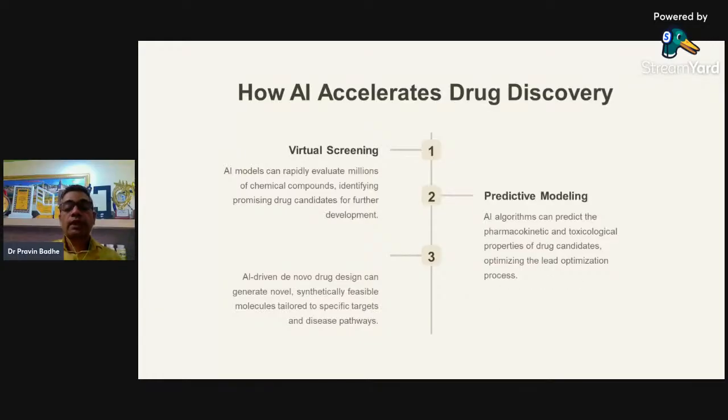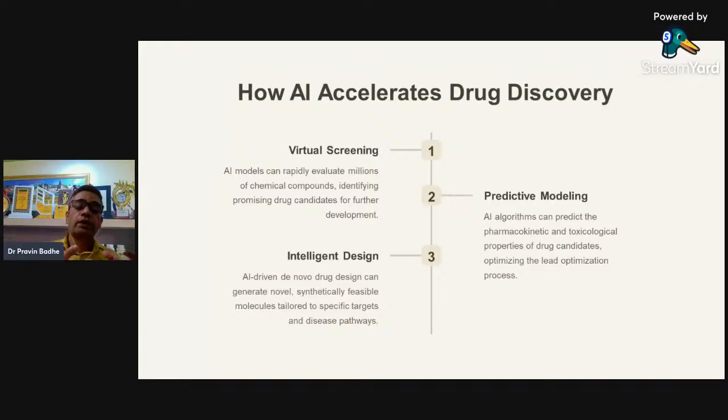The second way is that predictive models can be developed. AI algorithms are utilized to predict the pharmacokinetics and toxicological properties of the compounds, which is useful in the optimization of the lead. These are utilized at the initial stage only. And the third is that intelligent designing is done.